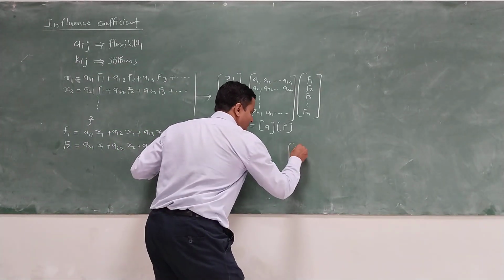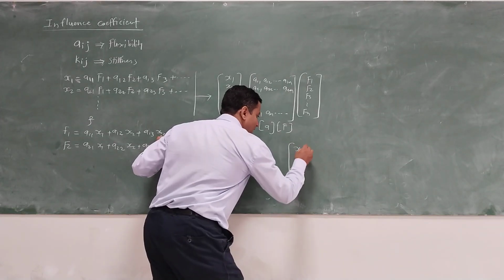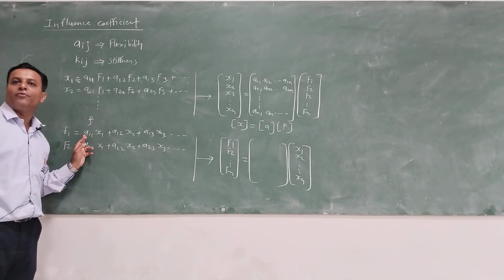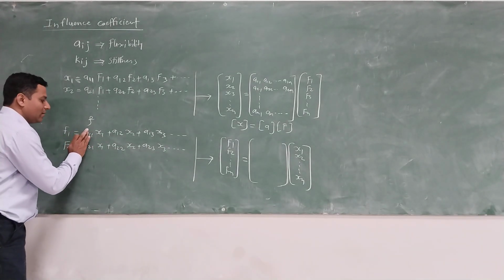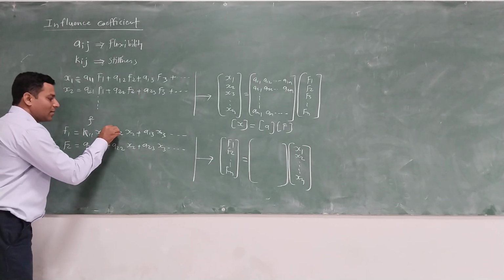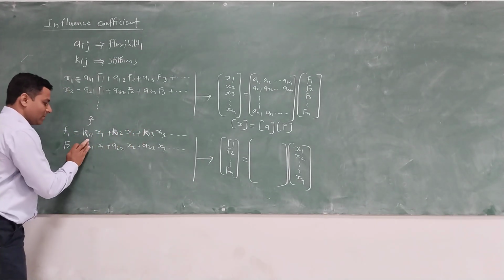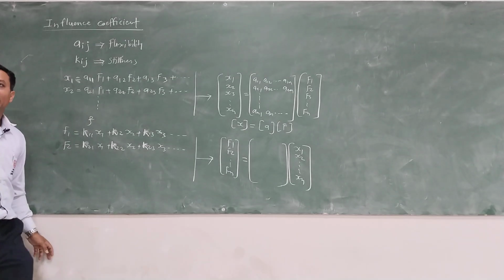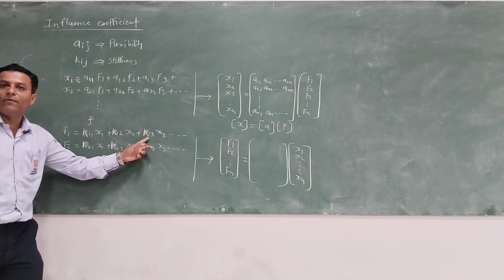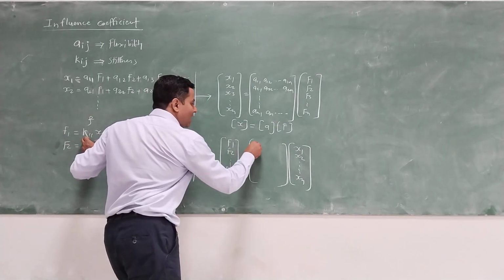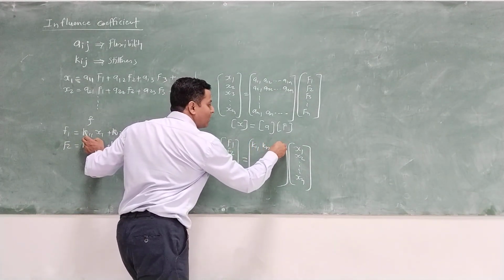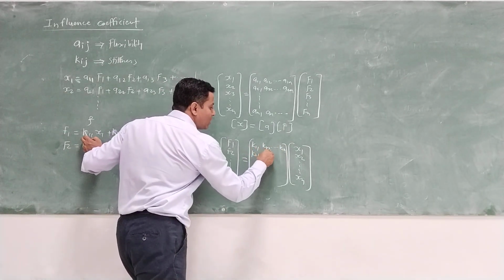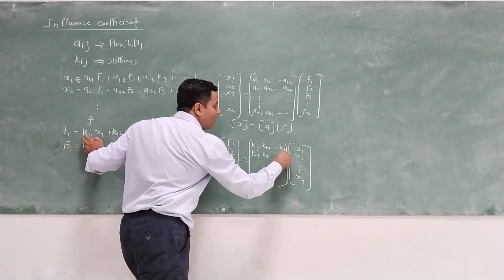here we are having displacements. So I'll write a displacement matrix x1, x2 till xn, and along with displacement we are having this influence coefficient, which is the stiffness influence coefficient. So instead of A there will be K. So k11, k12 dot dot dot k1n. Similarly k21, k22 dot dot dot k2n.